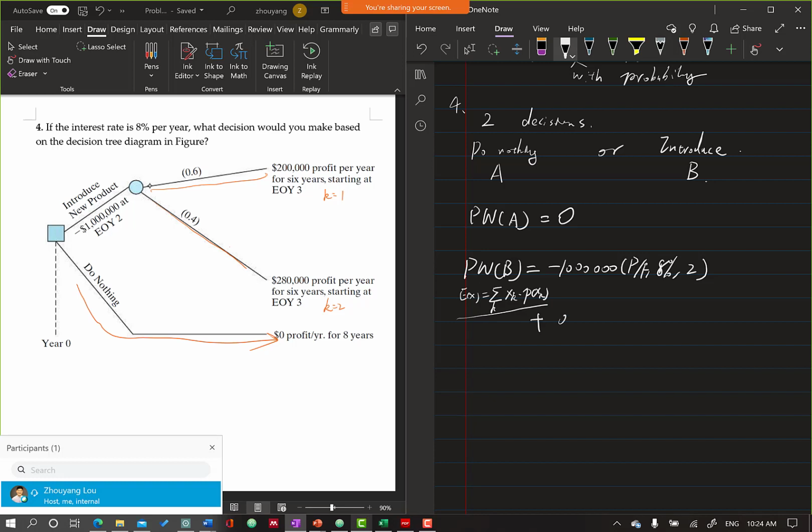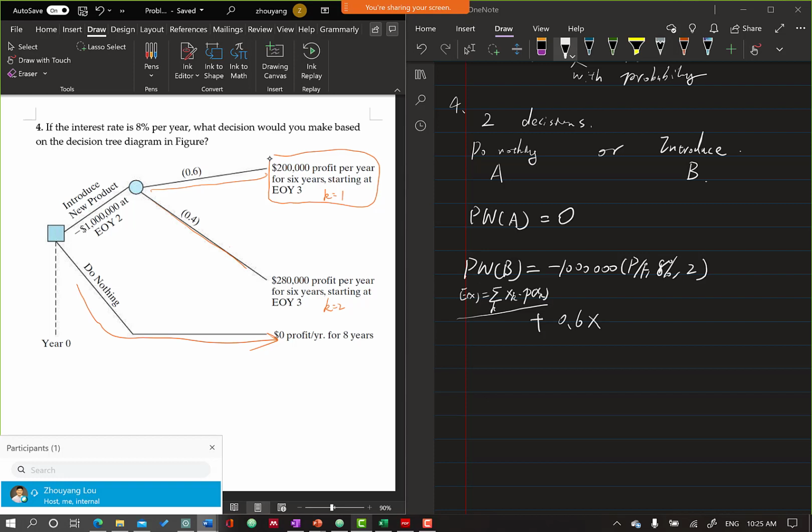So first write down the probability for the first scenario, and the x_k part would be the present worth of this cash flow. So 200,000 per year profit for 6 years, and this starts at year 3.